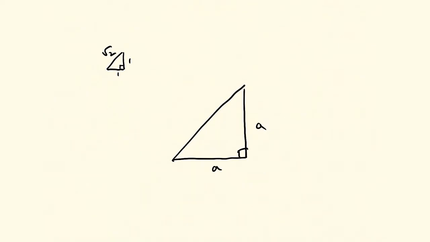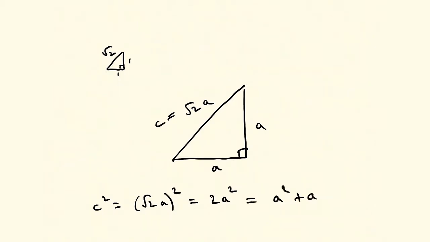We scale up the lengths of the smaller triangle, so the hypotenuse of this new isosceles triangle is root 2 times a. If we call that c, then c squared is root 2a all squared, which is 2a squared, which is a squared plus a squared.